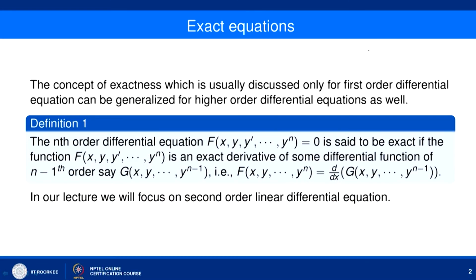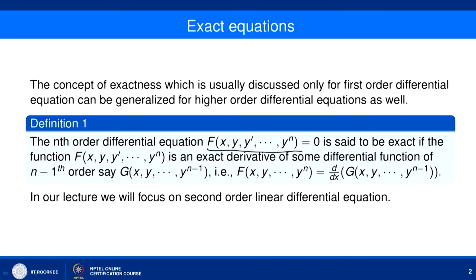linear differential equations. So the concept of exactness, which is usually discussed only for first order differential equations, can be generalized for higher order differential equations as well. First of all we need to understand what exactness means. The nth order differential equation given as f of x, y, y dash and so on up to y n equal to 0 is said to be exact if the function f of x, y, y dash up to y n is an exact derivative of some differentiable function of order n minus 1, just one less order, say g of x, y up to y n minus 1.